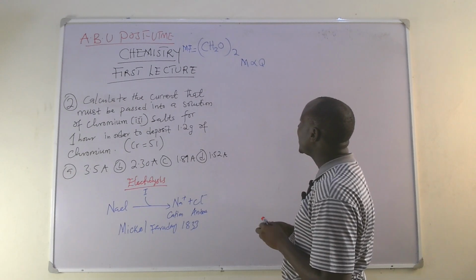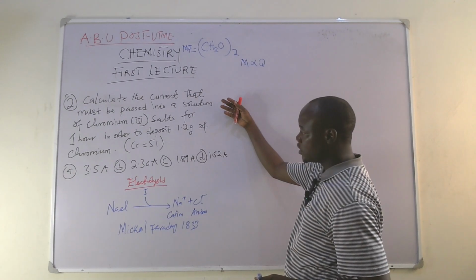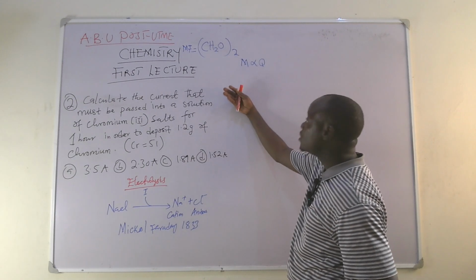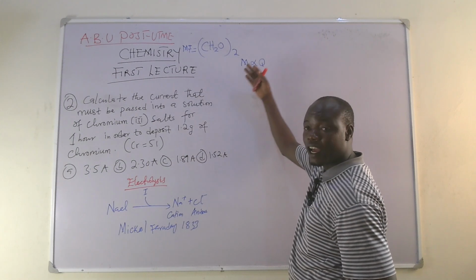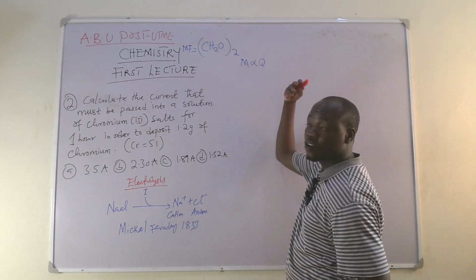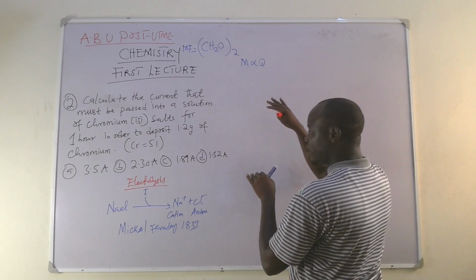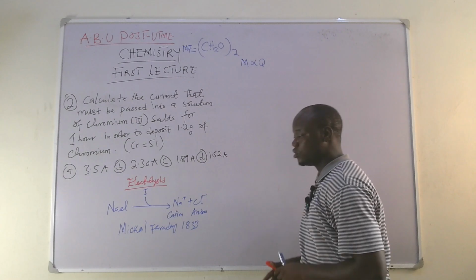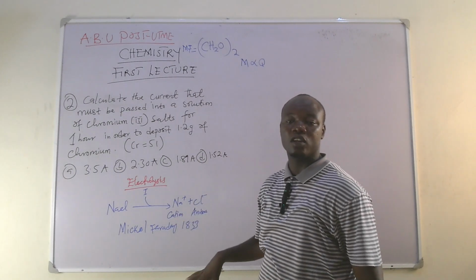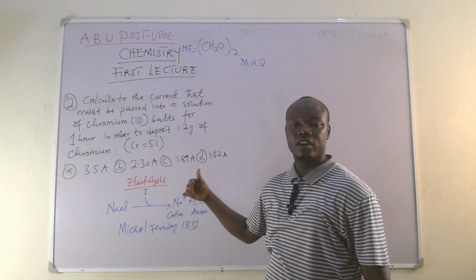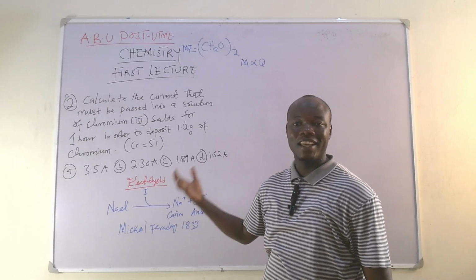So the higher the mass deposited or discharged, the higher the electric current that is applied. That is why there is a strong relationship between the mass and the quantity of electricity. The first Faraday's law of electrolysis demonstrates that.